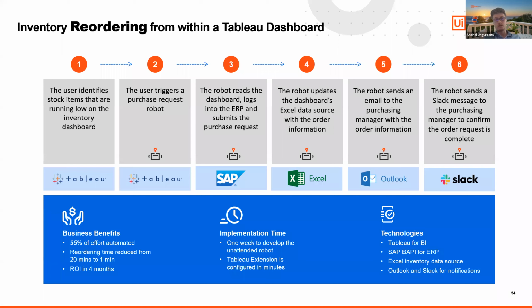In this case, we estimate, again, based on the knowledge of each developer, about 1 week of development, and the technologies used would be Tableau in the demo that Robert is going to show, SAP BAPI, and then Excel inventory as the data source, and Outlook and Slack for notifications.